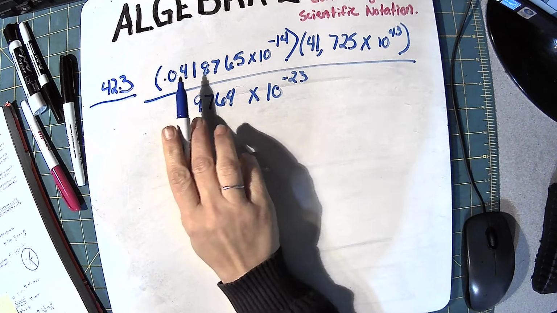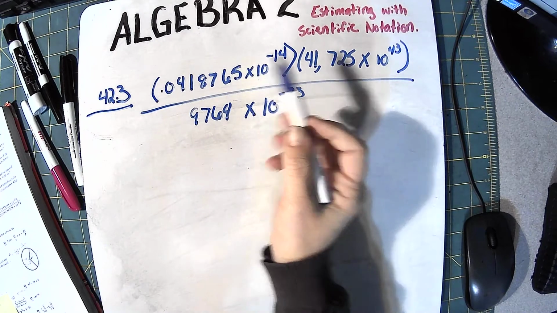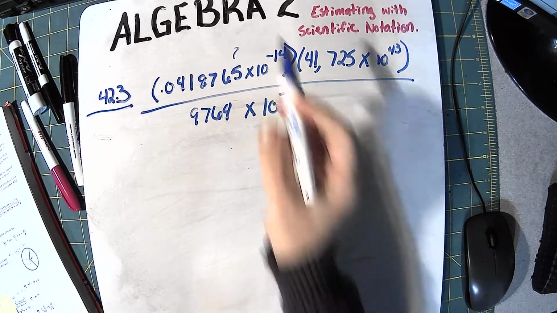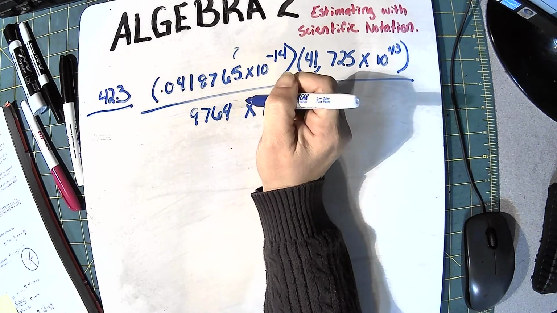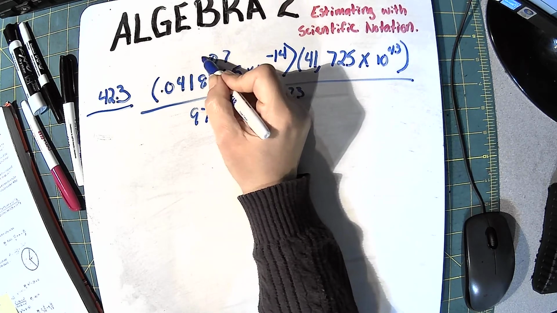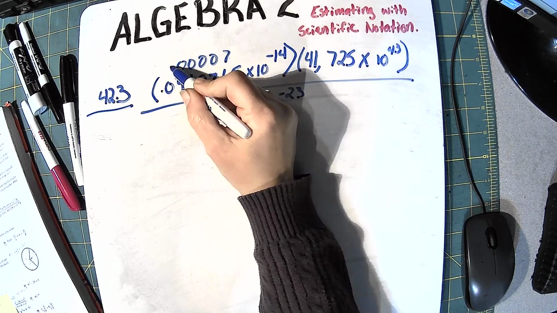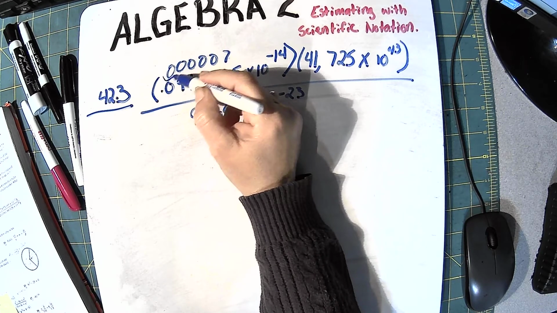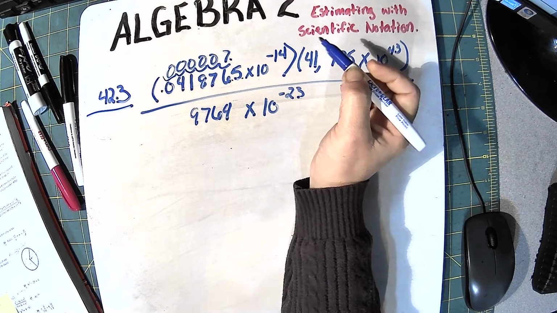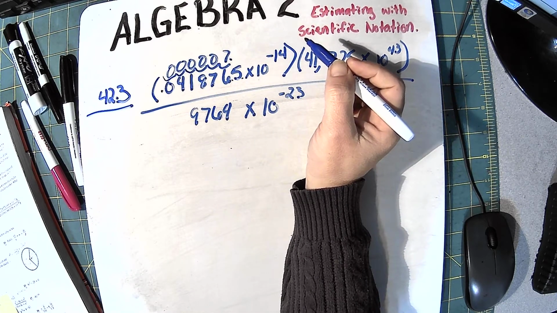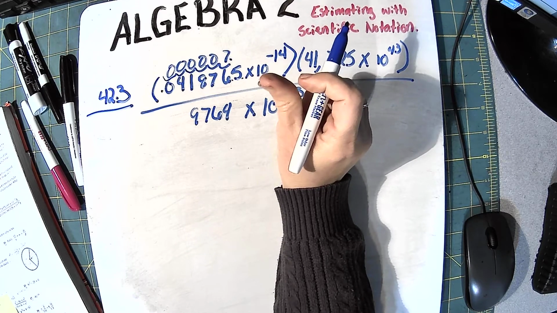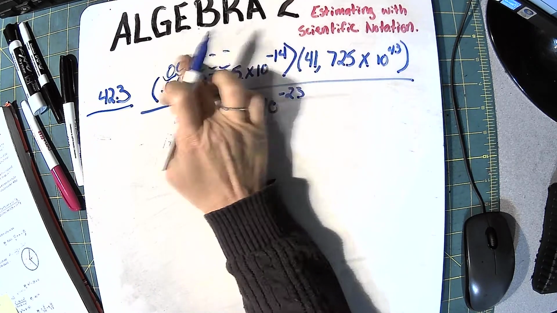Okay, first thing we're going to do is round all of these and fix our scientific notation. So this one, I'm going to round it to 7. And I'm going to move my decimal, no, I don't have to do that.